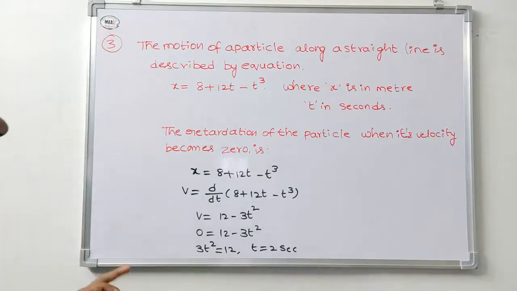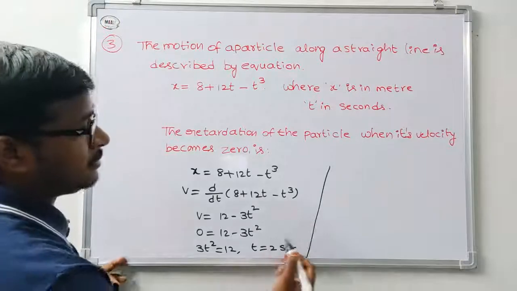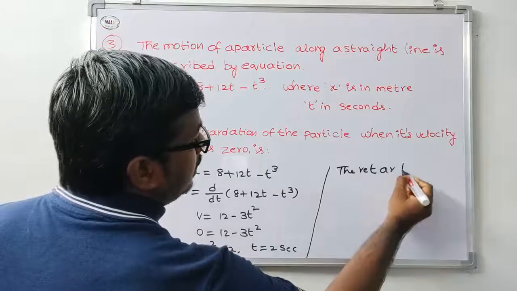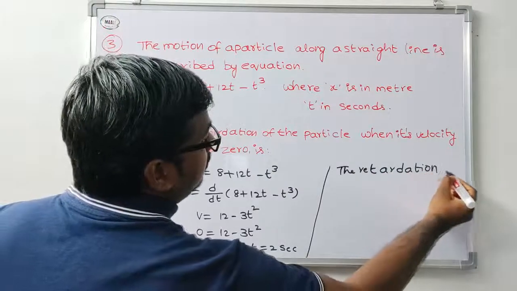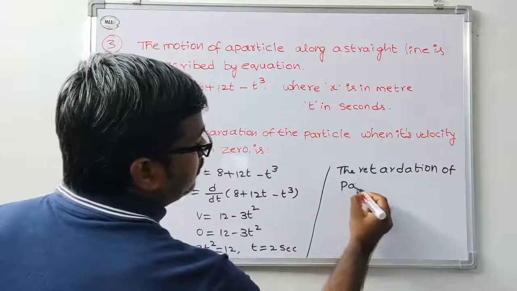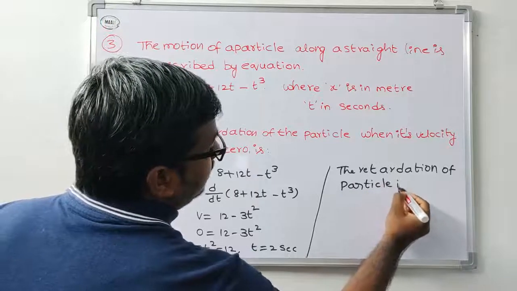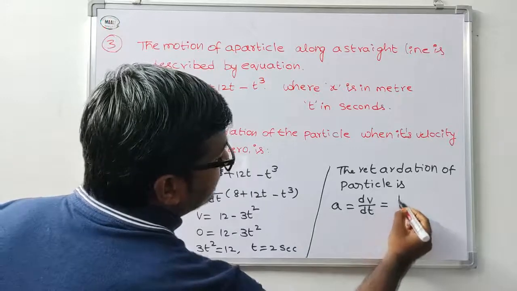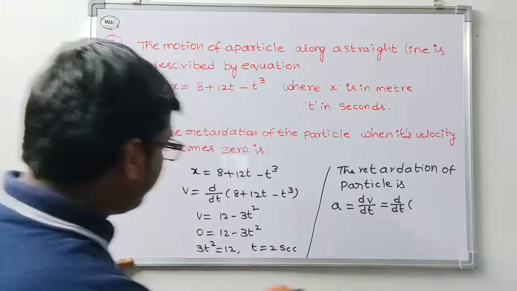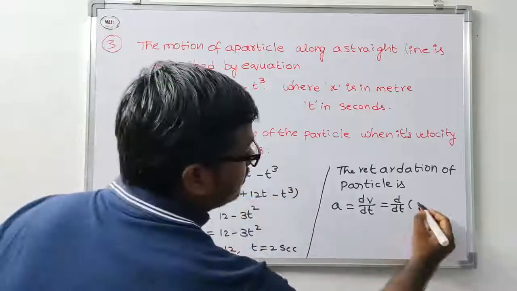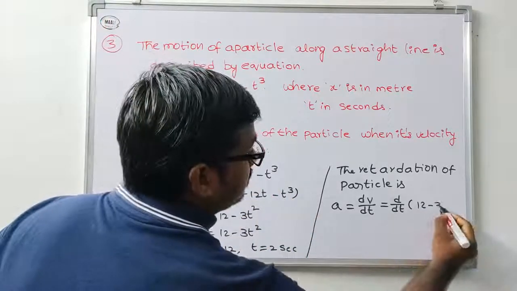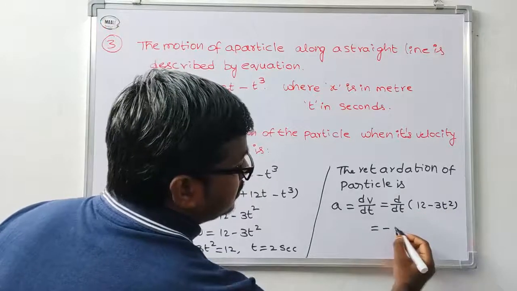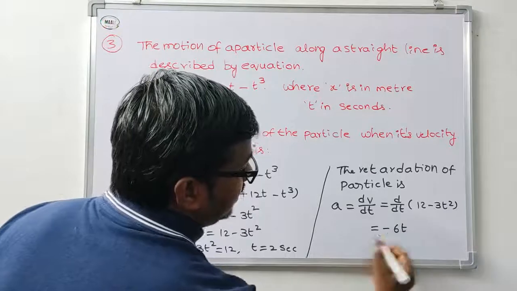Okay, then the retardation of the particle. The retardation of the particle is a = dv/dt, which is equal to d/dt of (12 − 3t²), which is −6t.